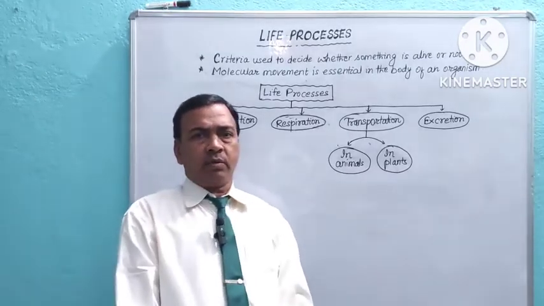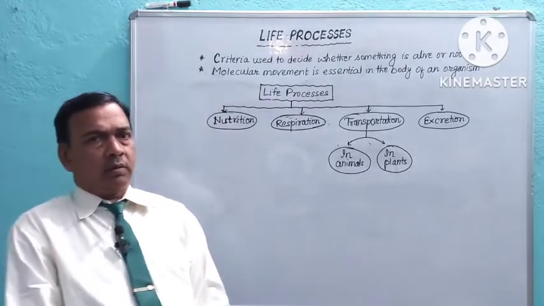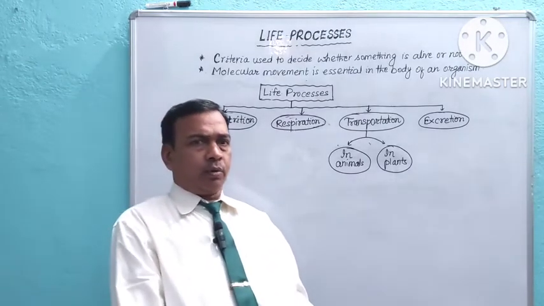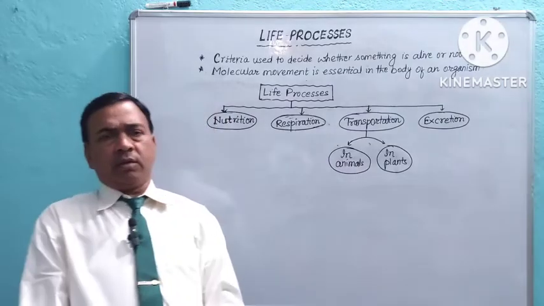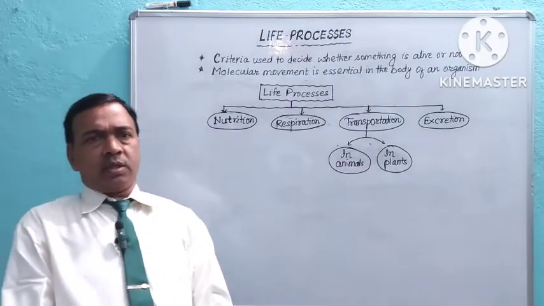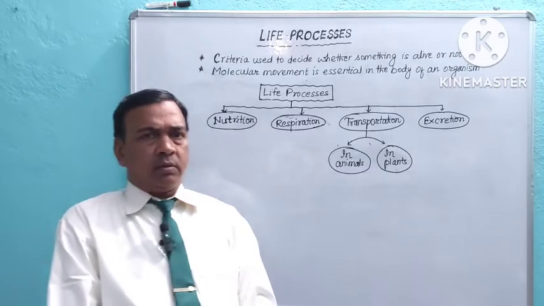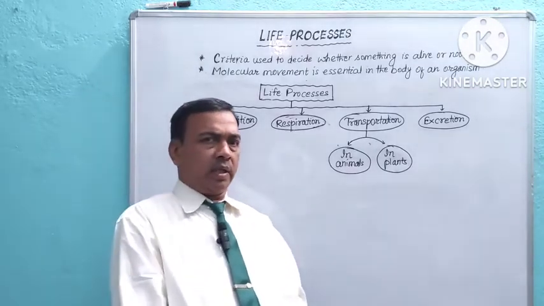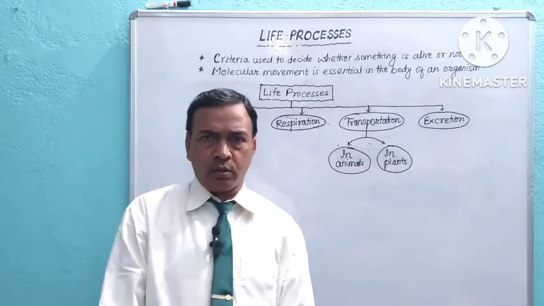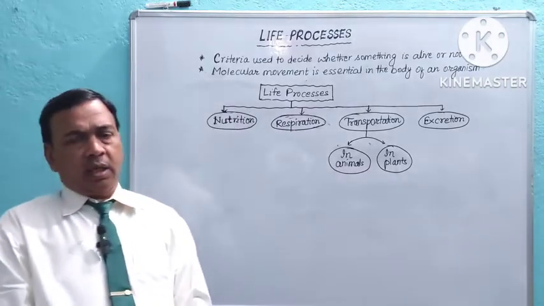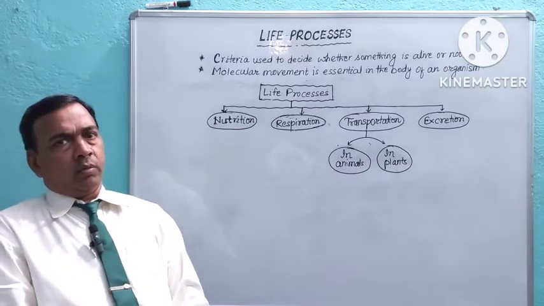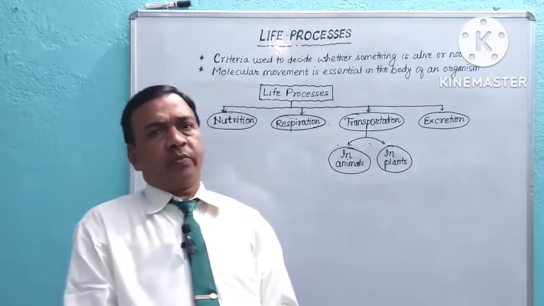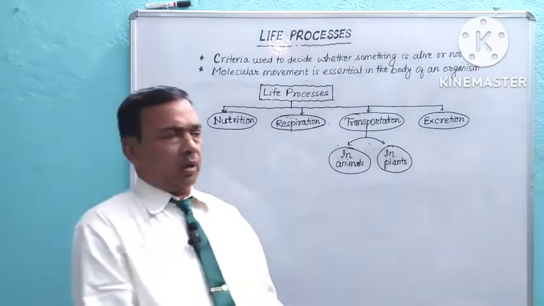Transportation is essential for animals for the digested and absorbed food to be carried to the different cells of the body, for the movement of respiratory gases, that is O2 and CO2 inside the body, and for the movement of metabolic waste from the cells to the excretory organ.